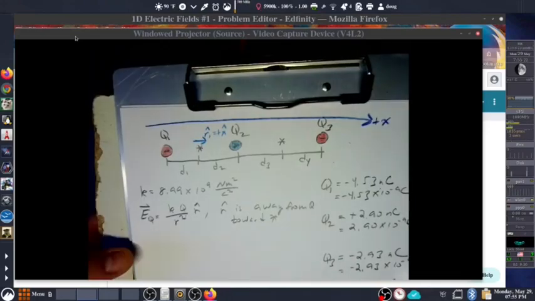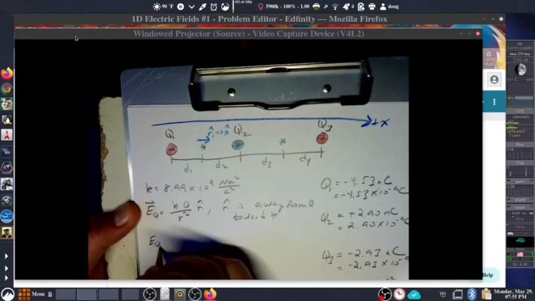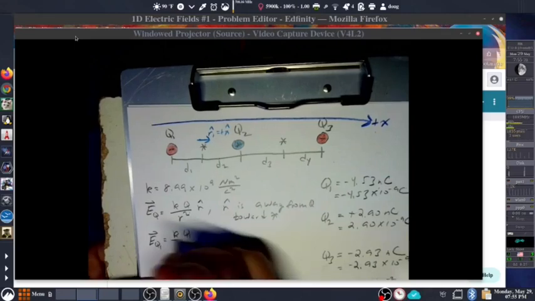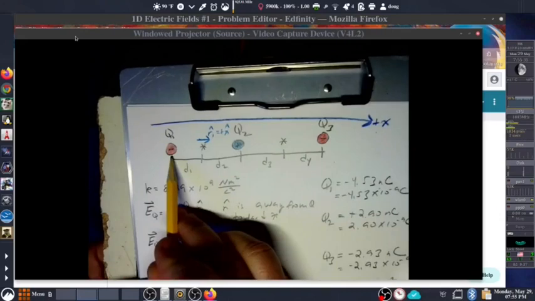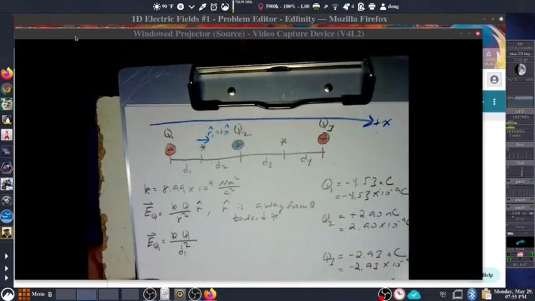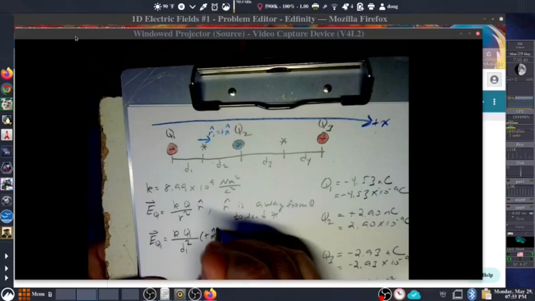So the electric field from Q1 is going to be k times the charge divided by the distance from the charge to the field point. That distance here is going to be d1, squared. And as I said, the r1 hat here is plus x hat.